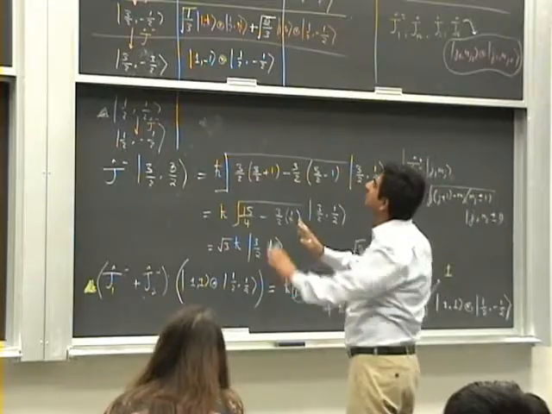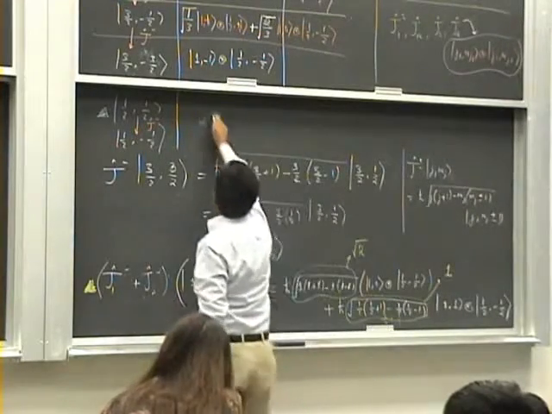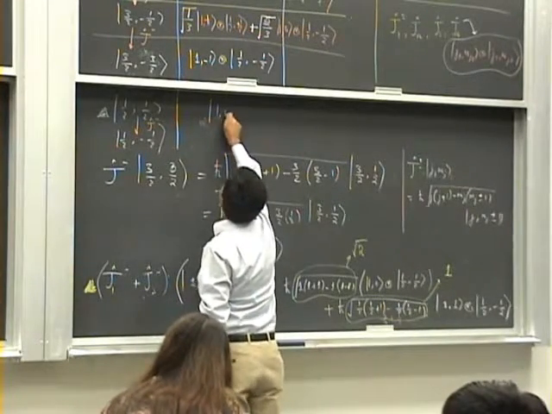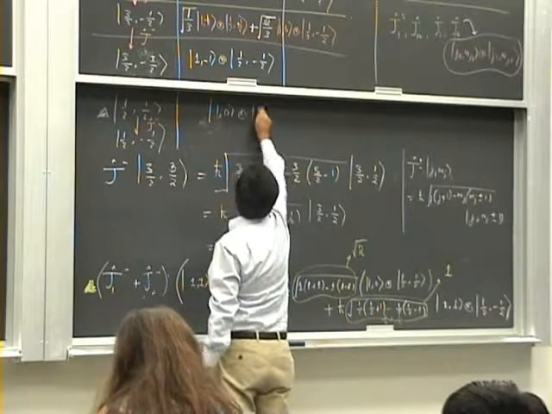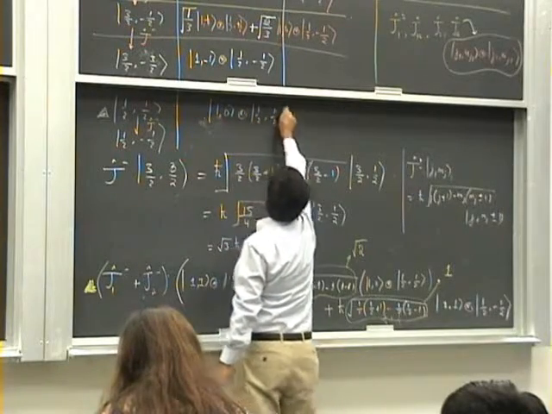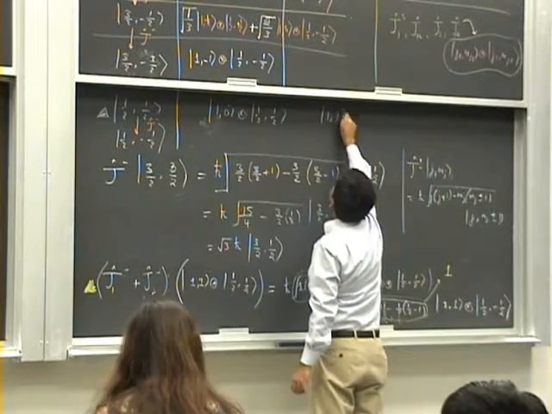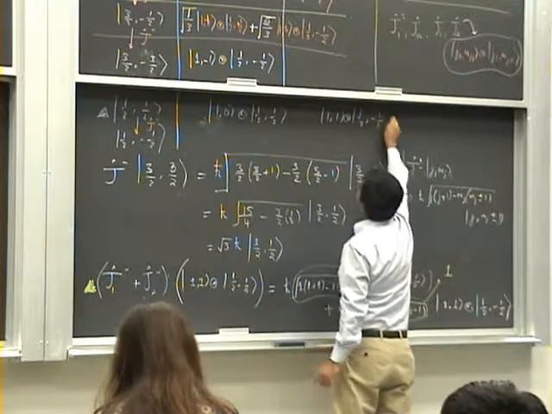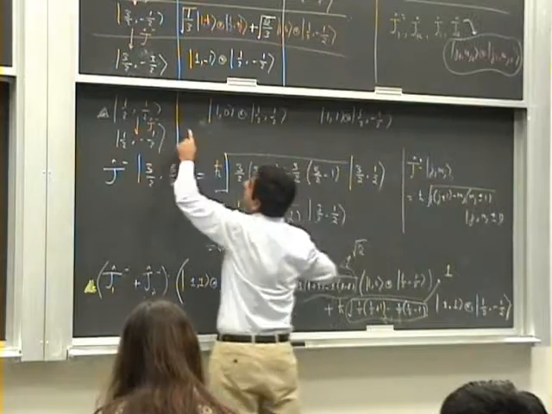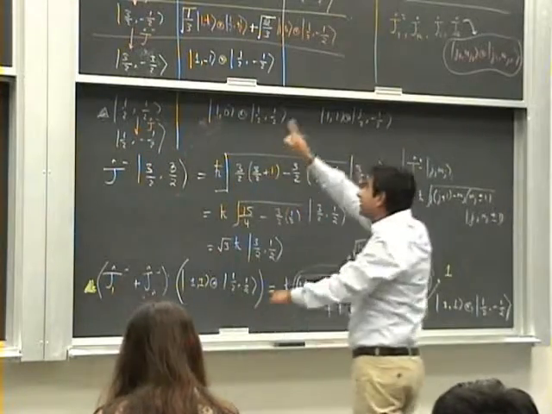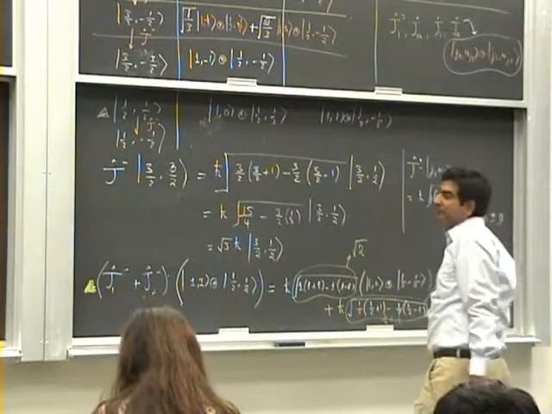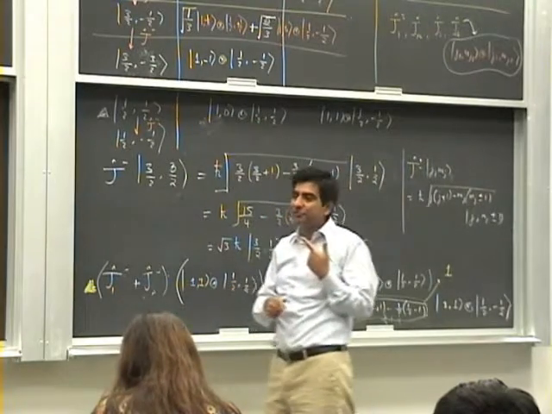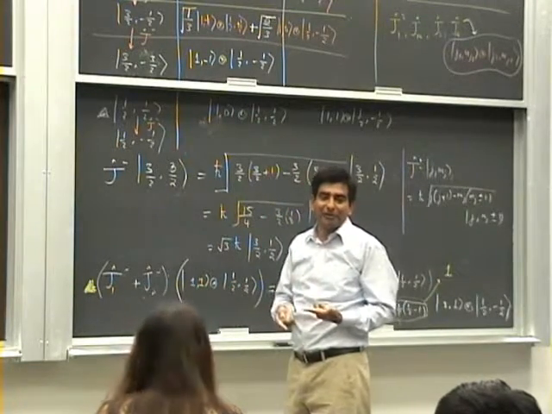So I just choose the same direct product states, |1 0> crossed with |half half> and |1 1> crossed with |half minus half>, and choose my coefficients such that this state remains orthogonal to the state in the second group.